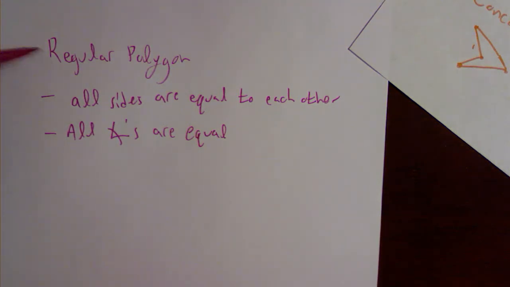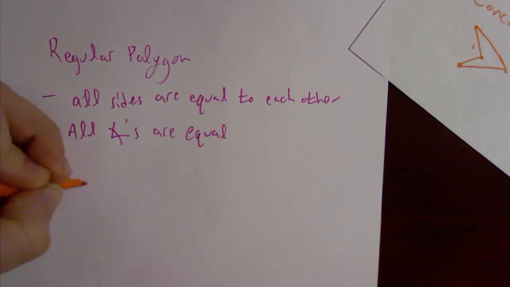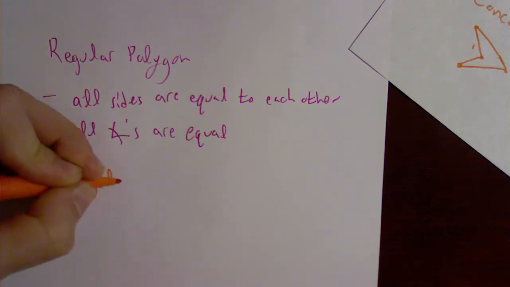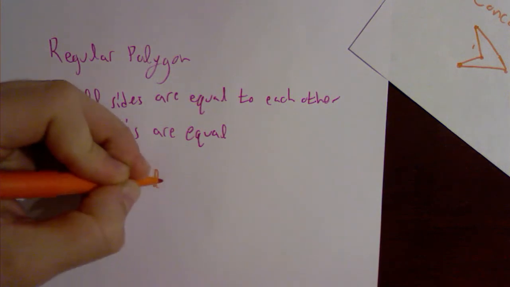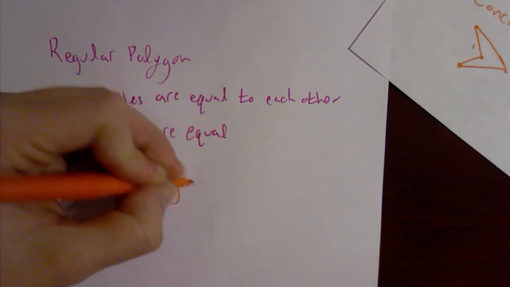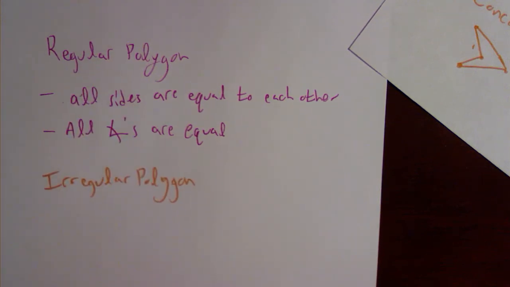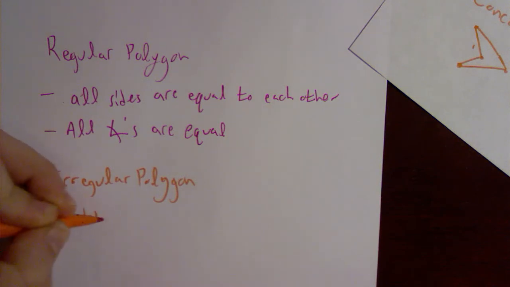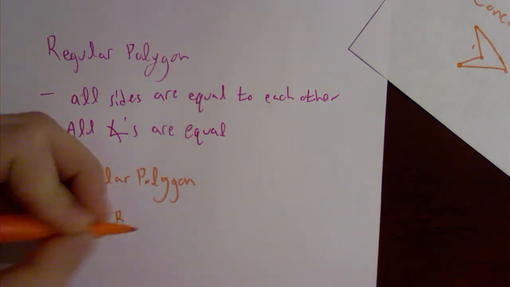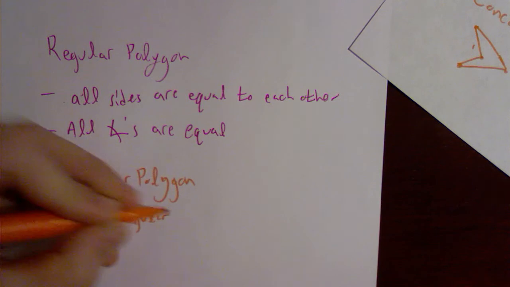If a polygon is not regular, if maybe some sides are different or some angles are different, then we call it an irregular polygon. That means that it's just not regular. An irregular polygon literally just means that it is not regular.